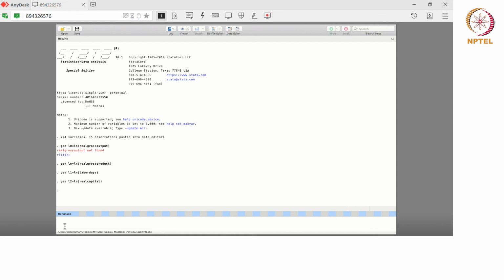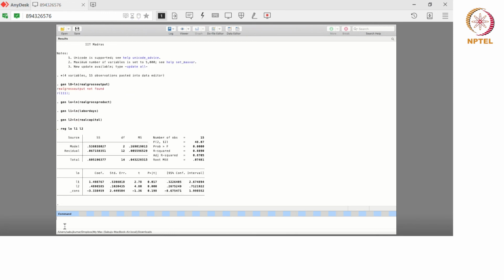So, now all your variables are converted into log, and you can easily run the regression: reg L0 equals L1 and then L2. This is how I have converted the linear model into a log linear one. You can press enter. This is your unrestricted model.